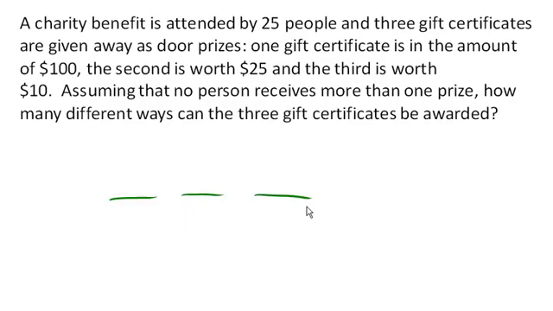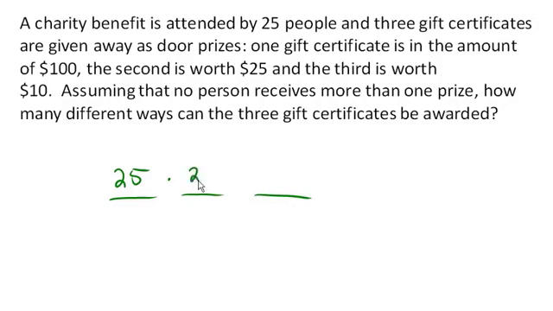So how many choices do we have for the first prize, for the $100 prize? Well, there's 25 people, so there are 25 possibilities for that prize. How about for the second one, for the $25 prize? Well, there's no repeats, right? No person receives more than 1 prize, so there's only 24 people now.